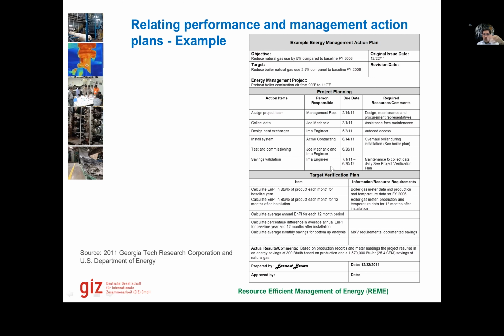They have described what action you want to do, what the different activities are that have to be performed, how this will be verified, what the actual results are, and who signs this off. This is the one that you can use in your reports, for example, where you are compiling the list of opportunities. You can describe each opportunity in this way, and this way the factories will also be able to develop detailed project planning.